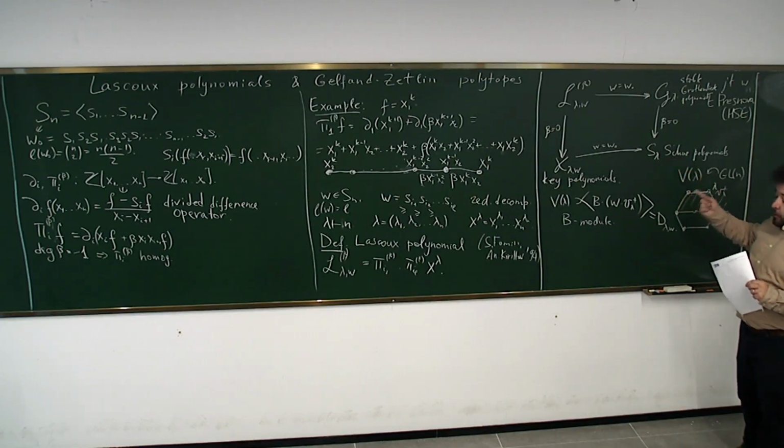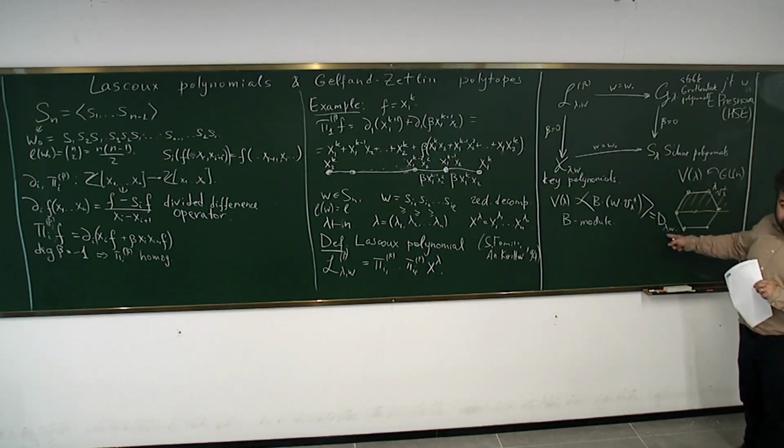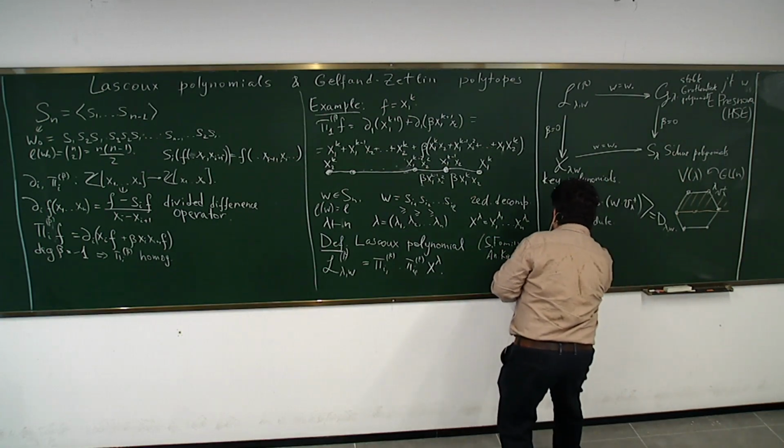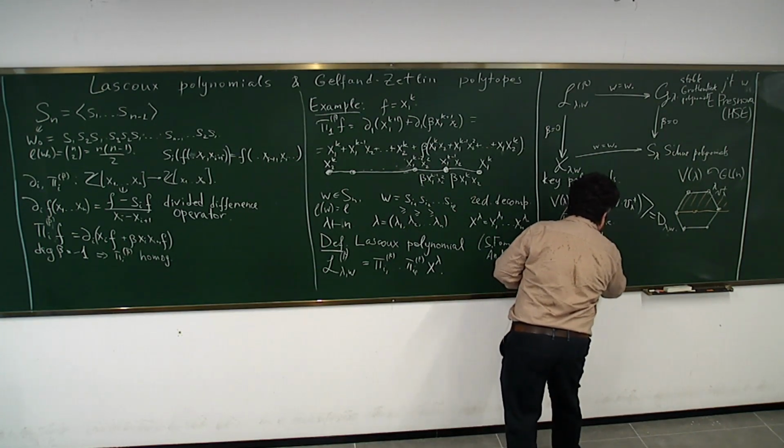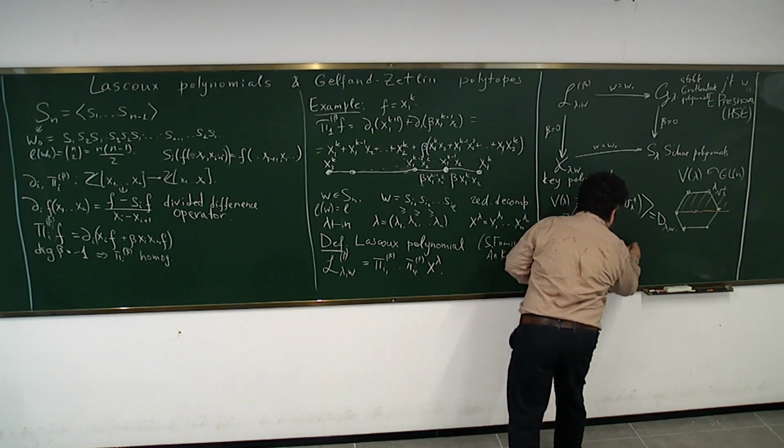Well, so key polynomials are characters of these fellows. So key polynomials, kappa lambda, w, are characters of Demazure modules.